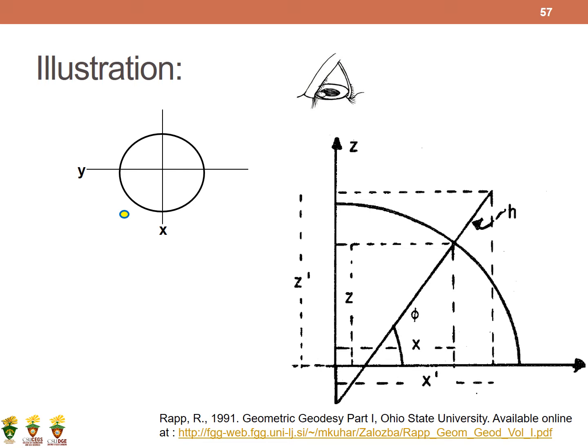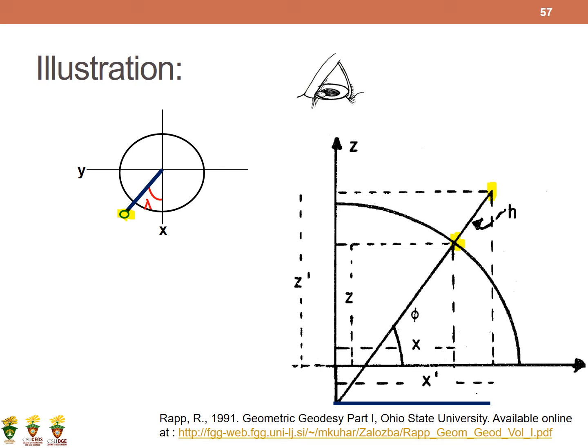This is the point, so this portion here on top, the yellow one, is standing here. The blue one is equal to x prime. And this is for longitude.